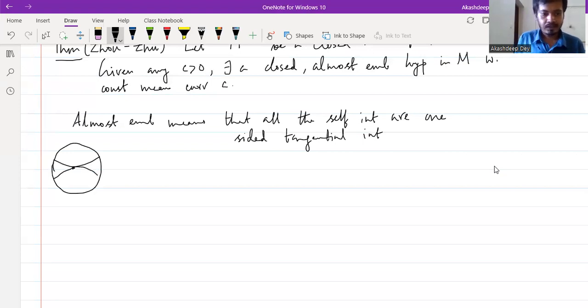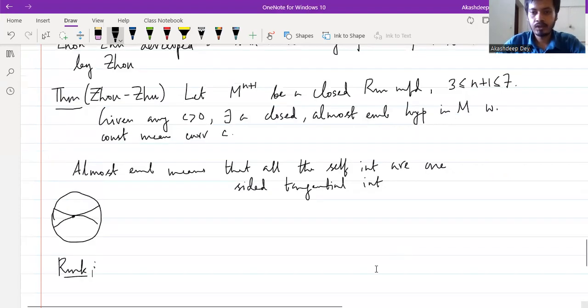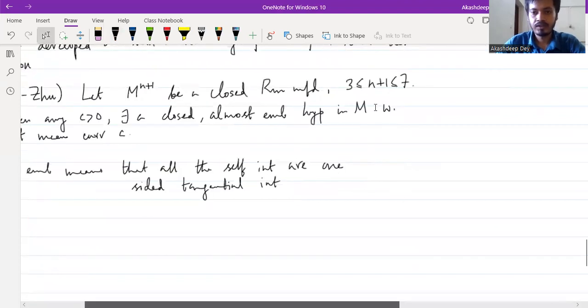And we have the following remark. In this theorem, n plus 1 is between 3 and 7.